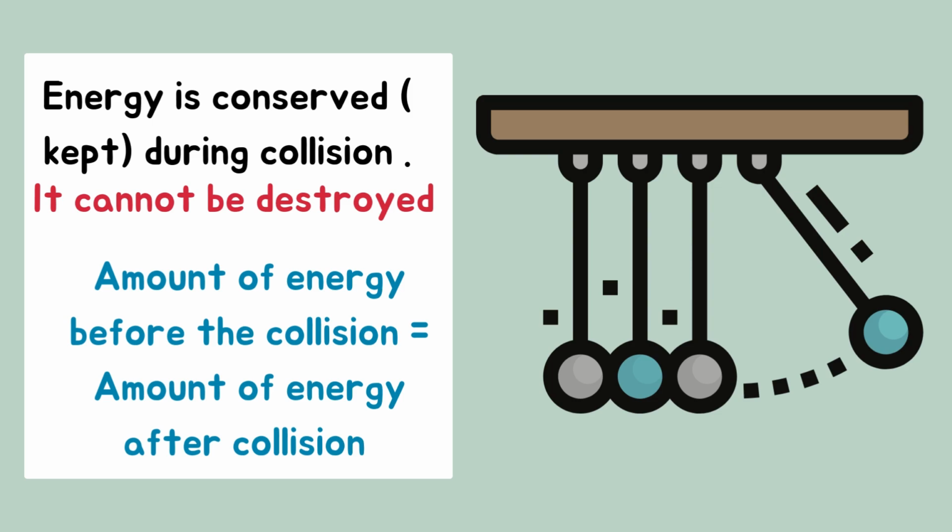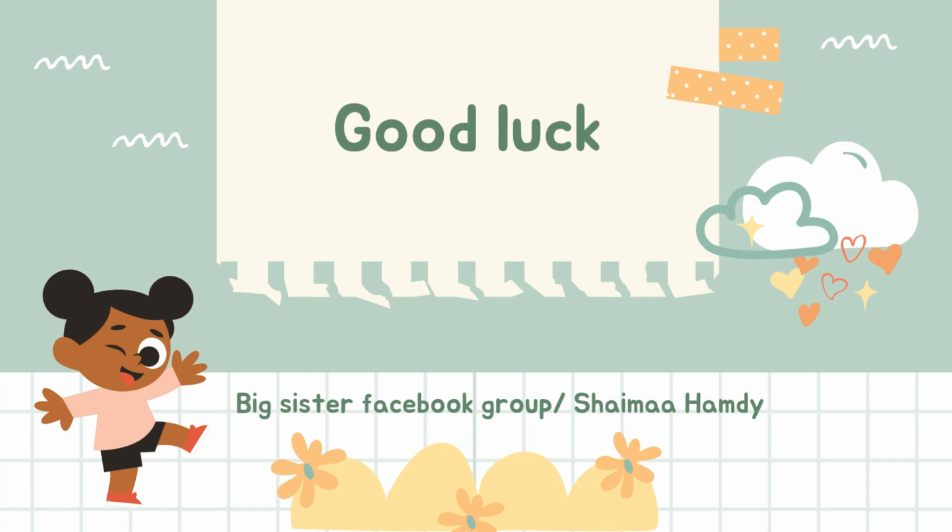Conserved means kept as it is, or having the same amount, before the collision and after the collision. So energy can't be destroyed, energy is conserved, so the amount of energy before the collision equals the amount of energy after the collision. And this was the last information in our lesson.